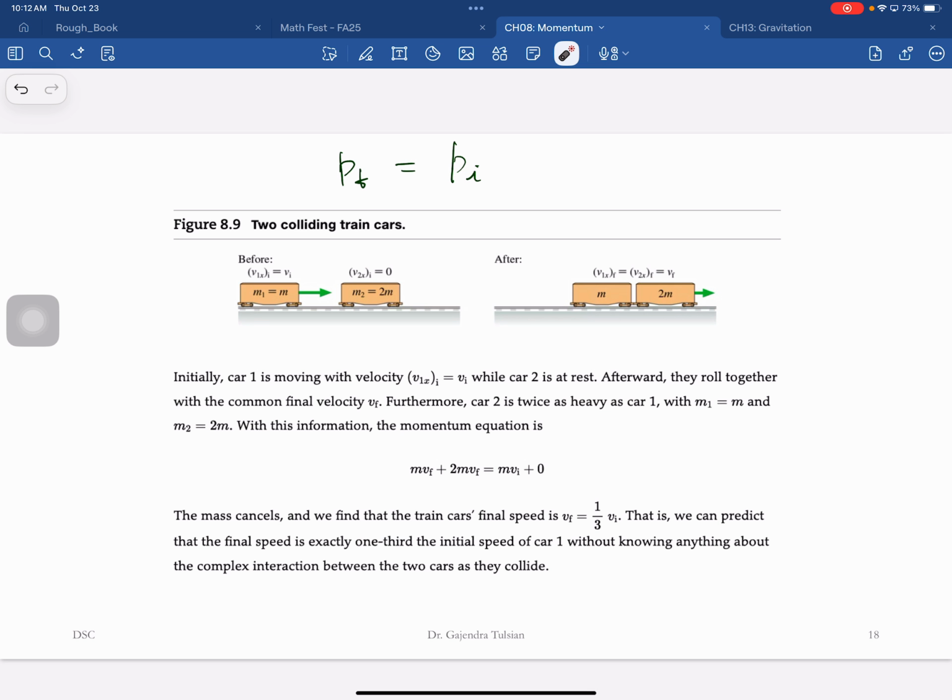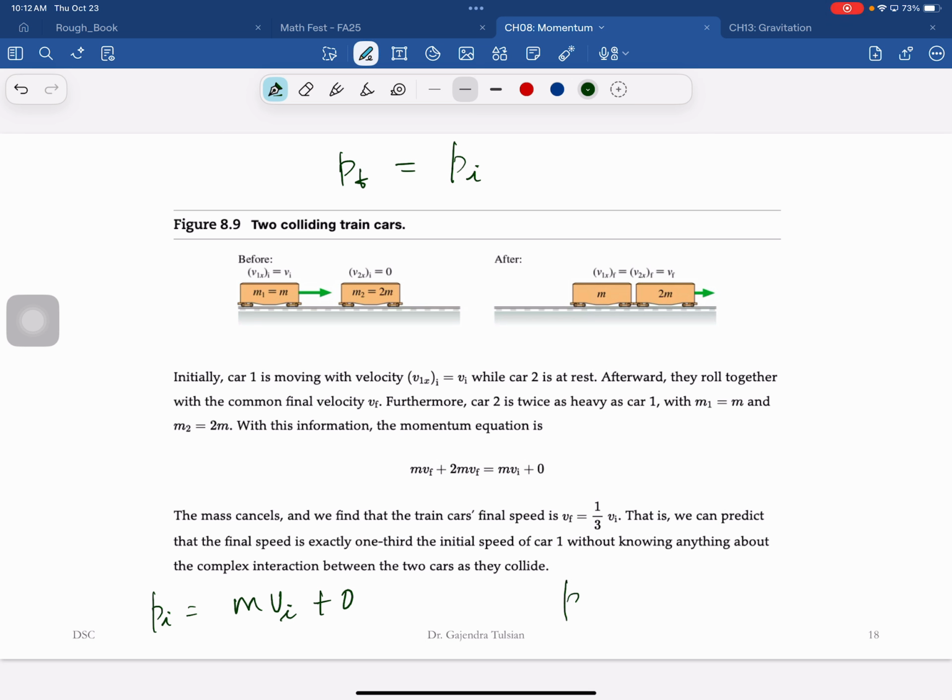This car is mass m and this car is mass 2m, and then they collide. Let's say the initial speed of this one is v initial, the subscript i saying initial. This one is at rest. So the initial momentum is m v_i, the momentum of this one, plus the momentum of this one, which is 0.